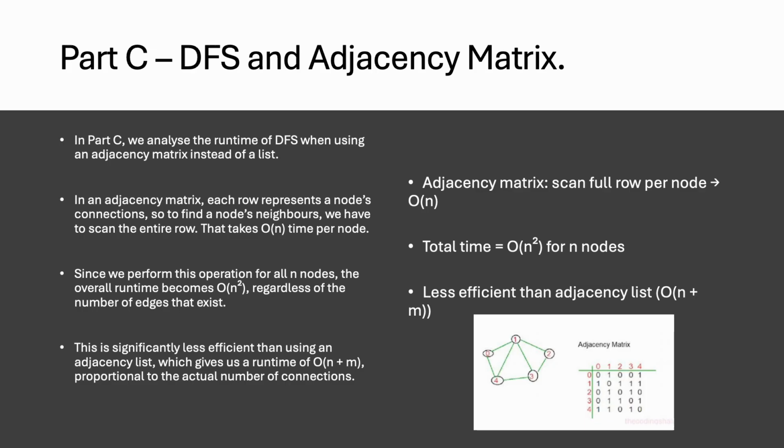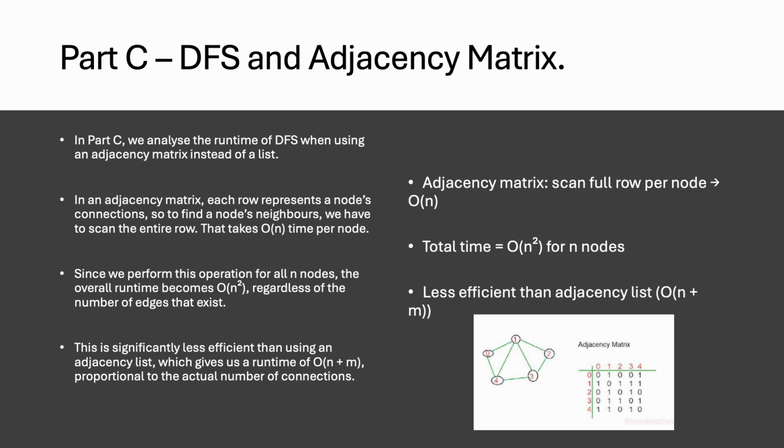So in part C, we analyze the runtime of DFS when using an adjacency matrix instead of a list. In an adjacency matrix, each row represents a node's connections. So to find a node's neighbors, we have to scan the entire row. That takes O(n) time per node.